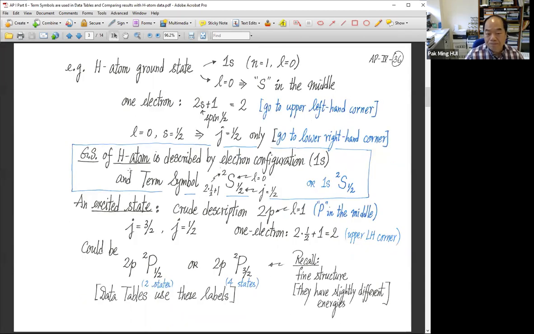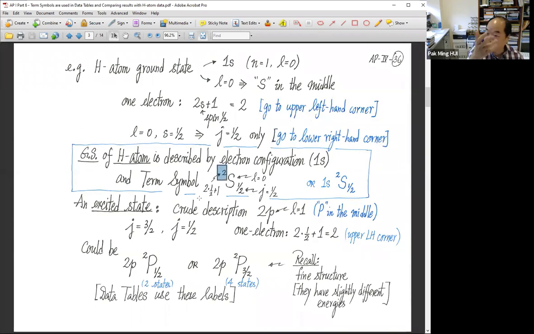So, for example, the ground state, 1s, we know this. L is 0 means it's an S, so we put an S in the middle. This is L equals 0. L is 0, S is half, J can only be half, and J goes in the subscript. And S is half, so 2S plus 1 is 2, so it's a 2.